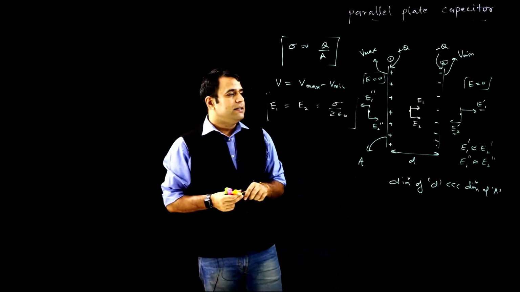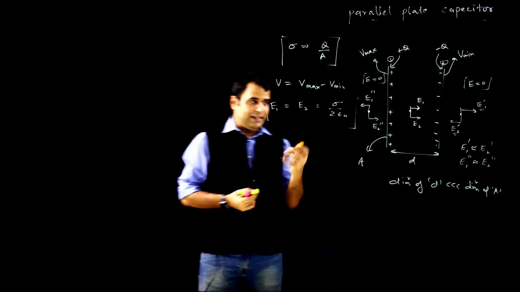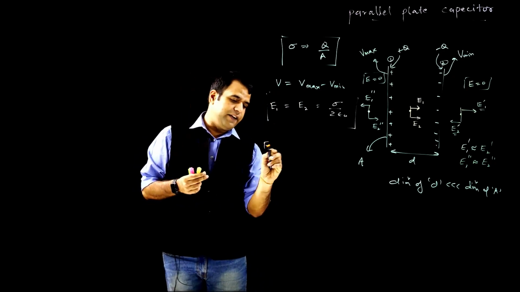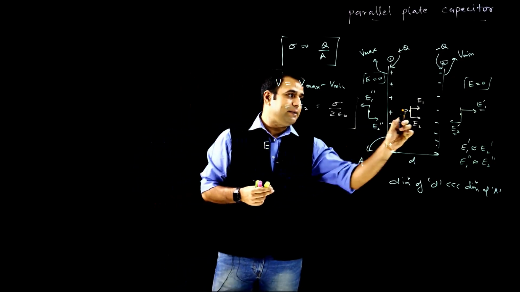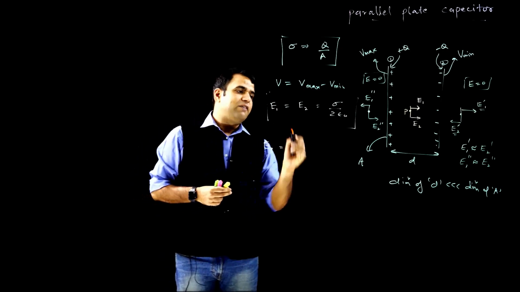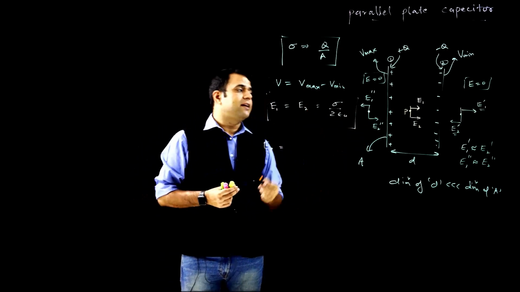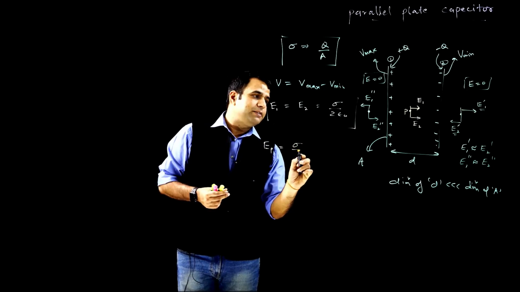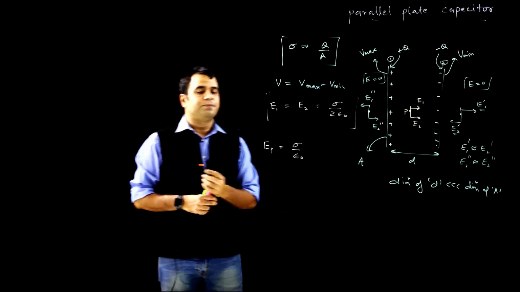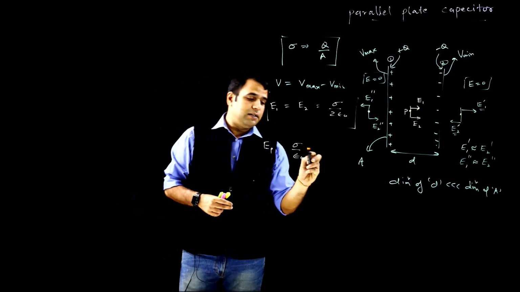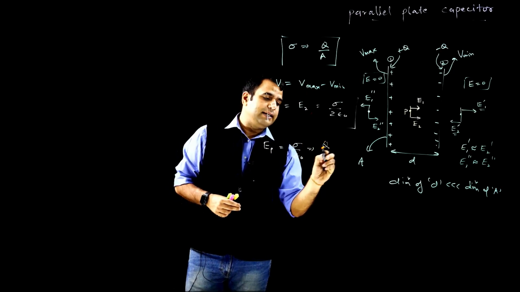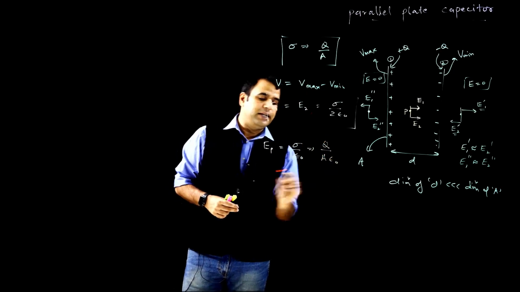Okay. So let's calculate the net field at a general point, an inside point P. That will be E1 plus E2, because both fields are in the same direction. So that becomes sigma upon epsilon naught. Let's put in the value of sigma as well: that is Q upon A epsilon naught.